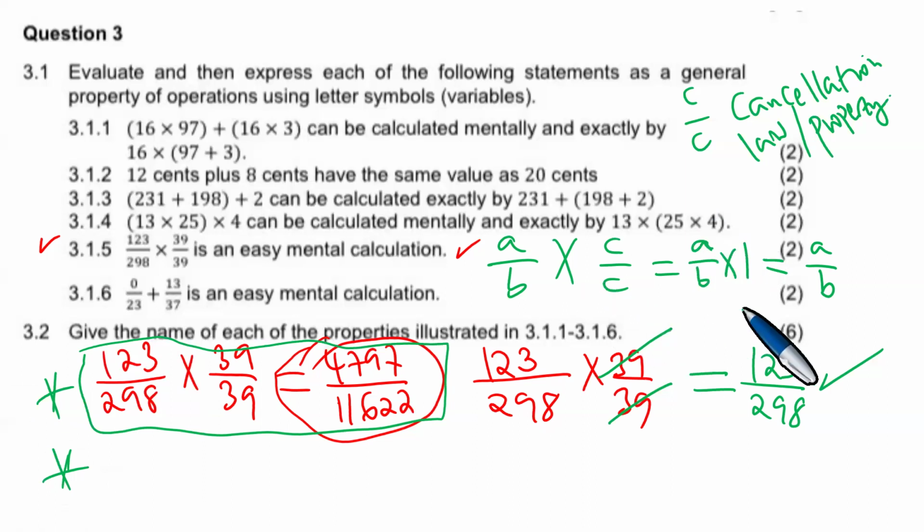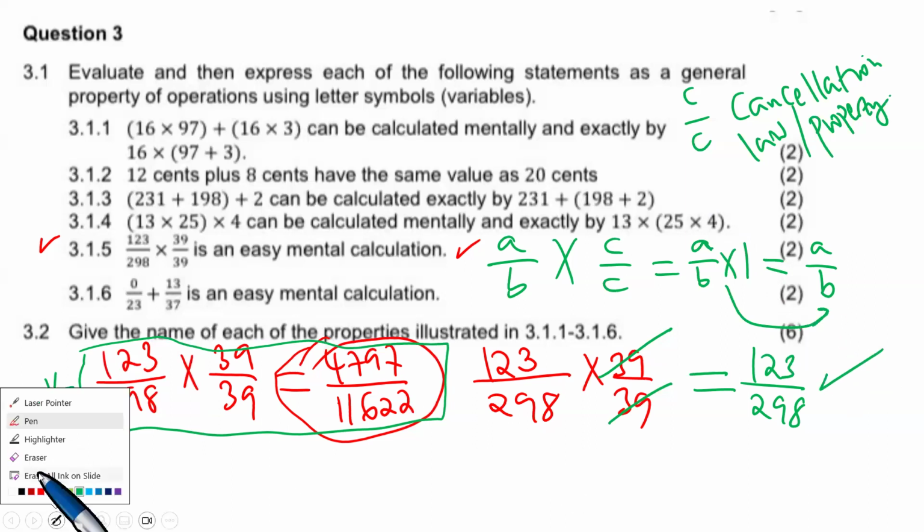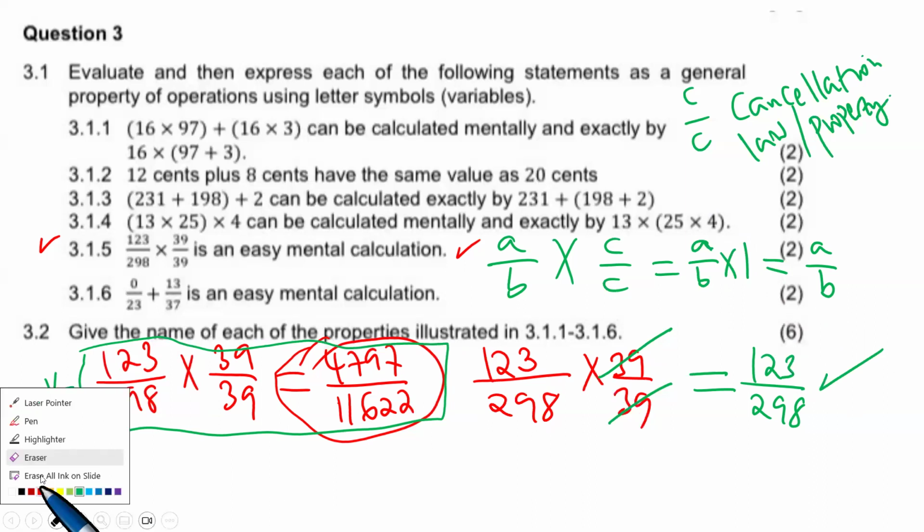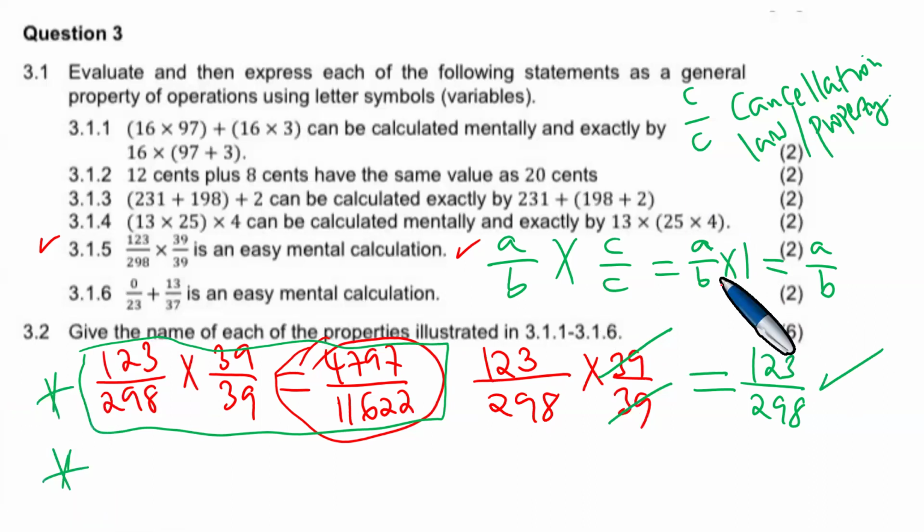And then there's another law. What law allows us to multiply things by 1 and the things do not change, and they remain the same? There's a law in mathematics that does this.